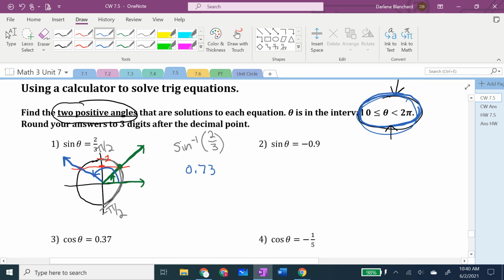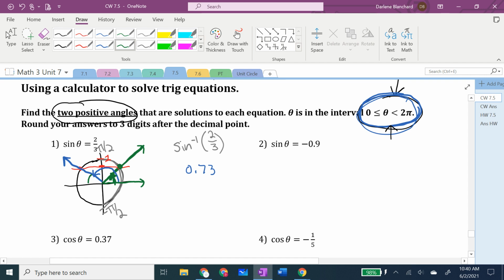And for some of you, if you're thinking you want to go further in math, I want you to step back and take a look at the symmetry there. 0.73 is this angle right here.